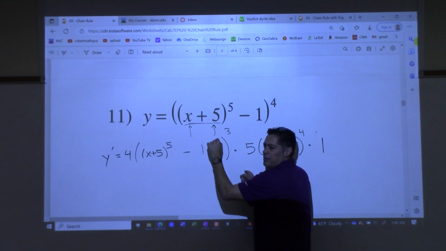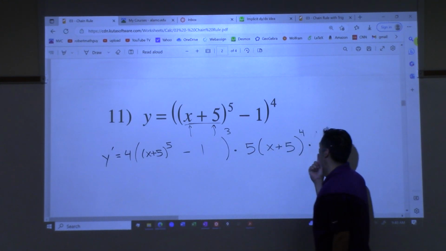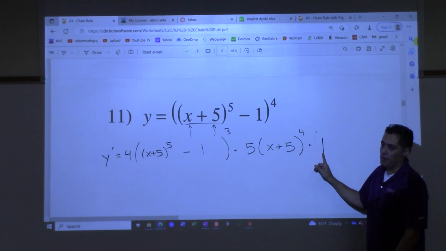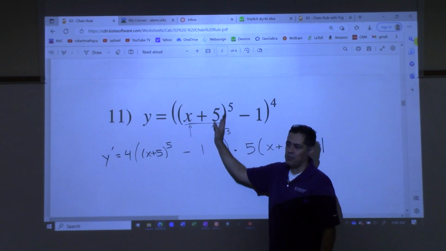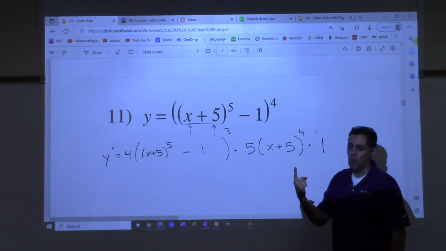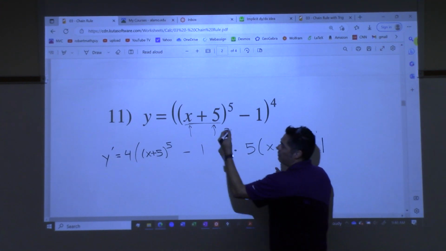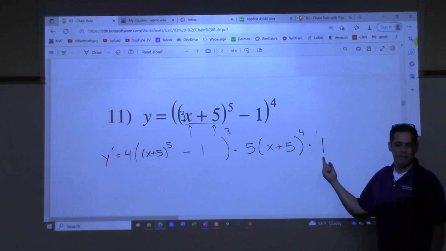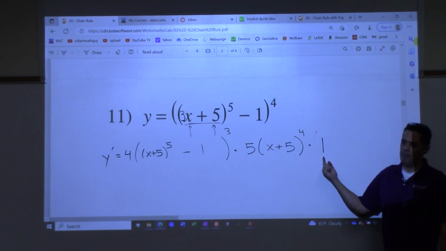What's the derivative of 5? 0. So 1 plus 0 would be 1. I'm just putting it there because I want you to remember, we did do chain rule here. We did do the derivative of this. We didn't forget about it. It just turned out to be a 1. Had this been 3x, let's say, then what would have been here? A 3, right? It wouldn't have been a 1. So we want to make sure we're paying attention to that.